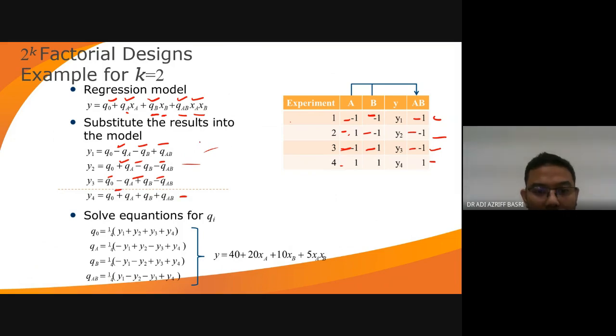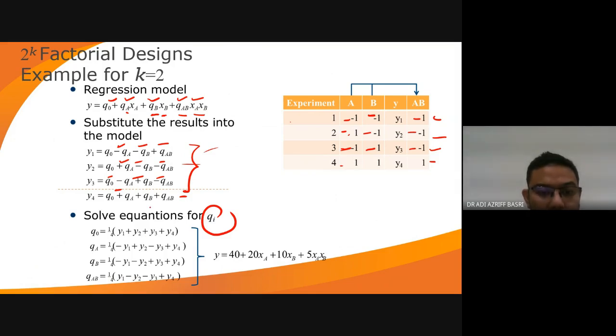Okay, the moment you have this, you need to solve for the q's. How do you solve for them? You need to take the mean: y1 plus y2 plus y3 plus y4 divided by 4. So you have these calculations.